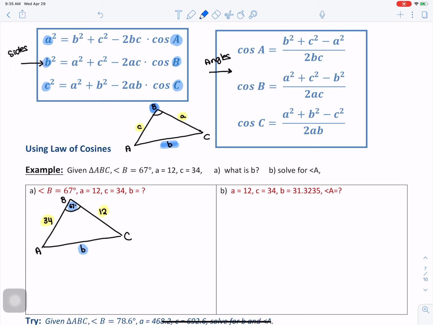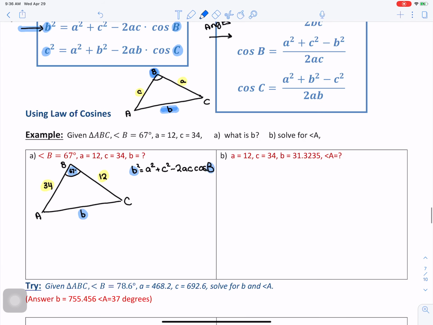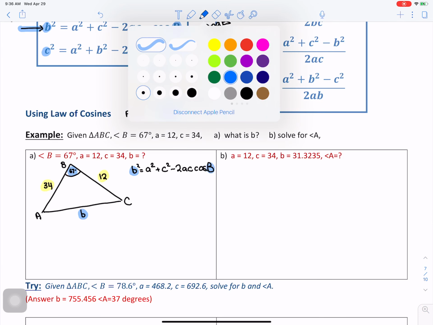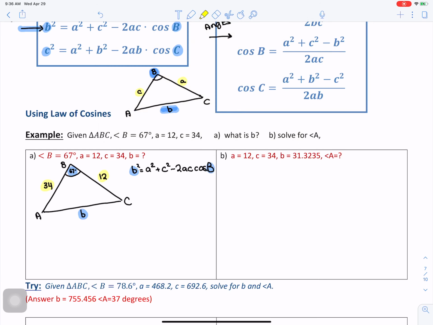Now in my triangle, the B pair is what I want to find, so I'm going to use the B formula here. So B squared is equal to A squared plus C squared minus 2AC cosine capital B. You have to make sure that this and this are related through opposites. And you have to be given the other two sides, which we highlighted in yellow.